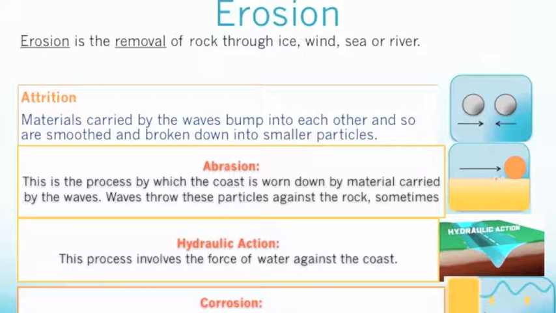Abrasion is the process by which the coast is worn down by material carried by the waves. So the waves throw the particles against the rock and break it down. Hydraulic action is a process where water gets trapped in those little flaws in the coastline again, and it pushes the air and the water inside the little cracks, and the cracks are forced open, just loosening the rocks and widening the cracks.